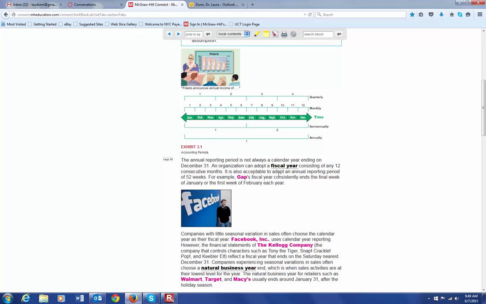Most companies have what's called a fiscal year, which doesn't necessarily go from January 1st till December 31st. If it does, then that means the calendar year and their fiscal year are the same. But often companies' fiscal year, meaning how they measure their year for accounting purposes, does not match up with a January 1st to December 31st.